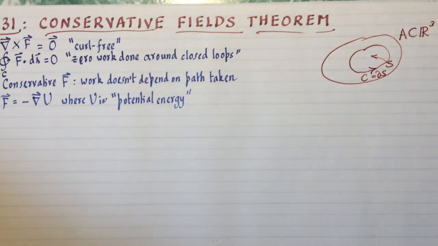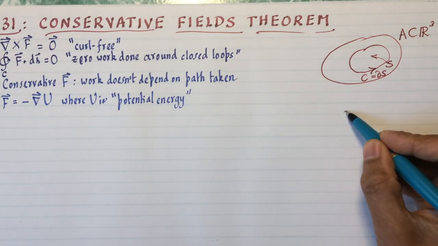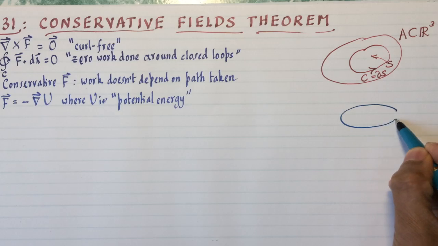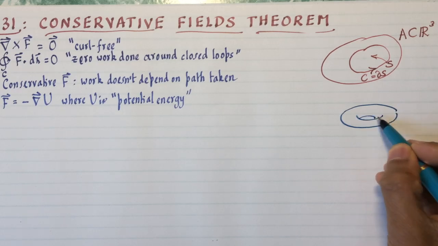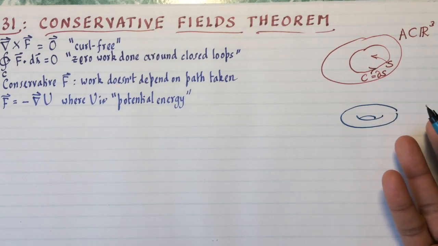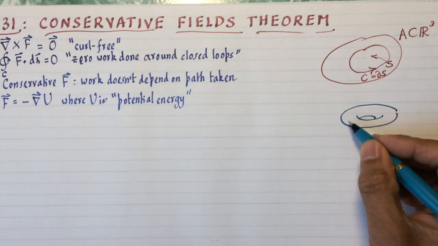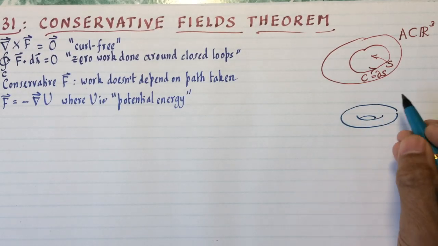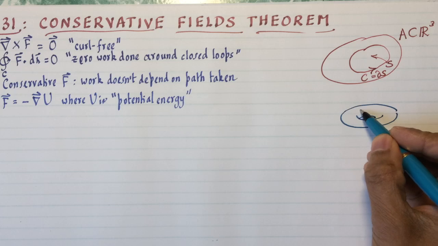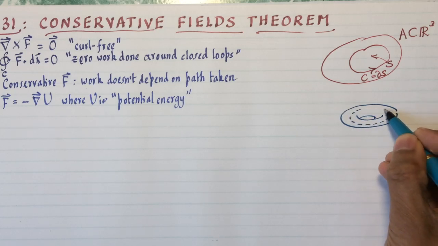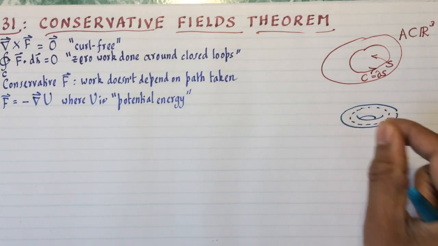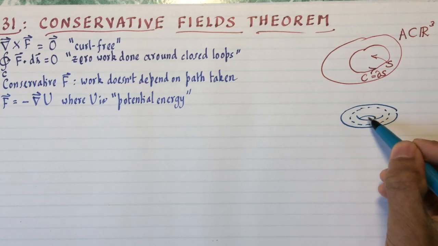An example of a non-simply connected space would be something like a torus. So if I had a bagel, the surface of a bagel, that is contained in R3 because it's there in real life. But this is not a simply connected space, because if I take a curve like this, I cannot shrink it to a point continuously. You cannot go past this hole.